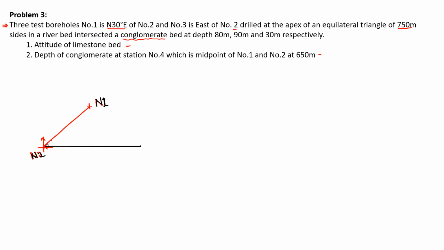So join this. Okay, and I'll name this as my borewell number 3. So this will become 60, this will become 60, and this also will become 60. We have north, south, east, west lines at all corners.